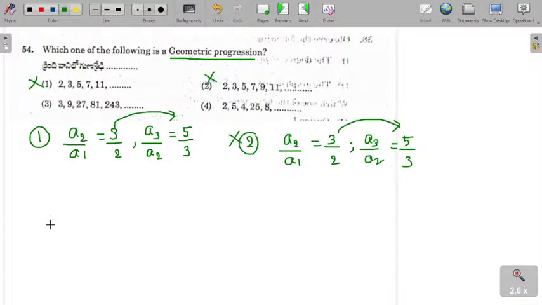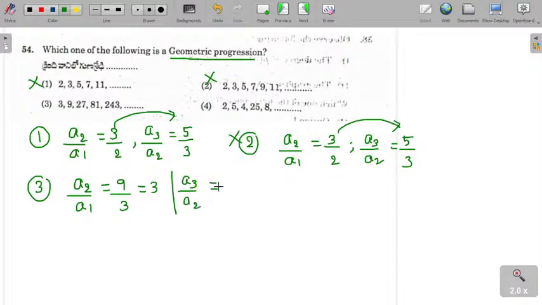Go to the third option now. a2 upon a1 is equal to 9 by 3, so that will be 3. Now a3 upon a2 is equal to 27 upon 9, that will be 3. So these two are equal, that's why the third option is the right option.